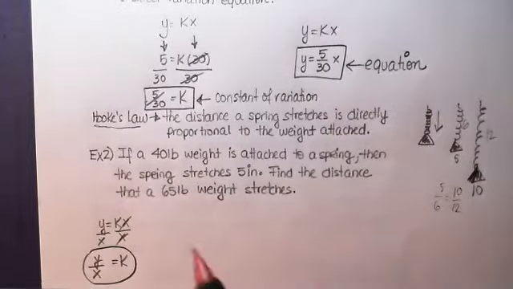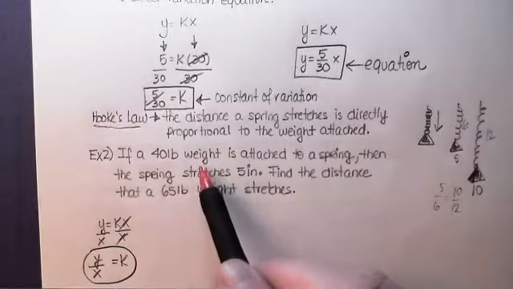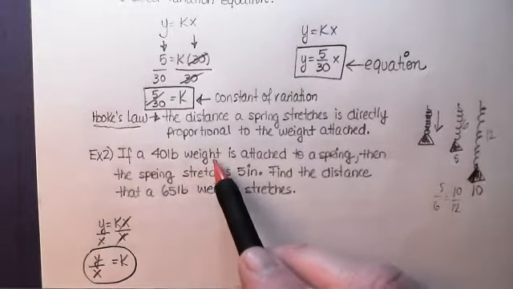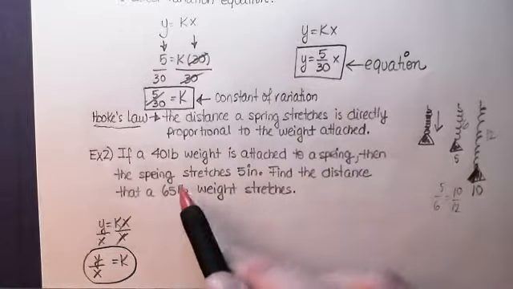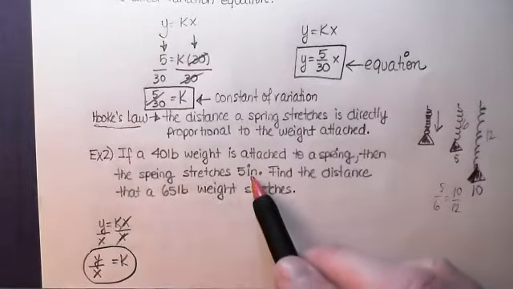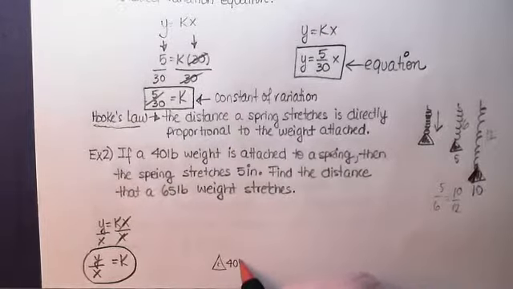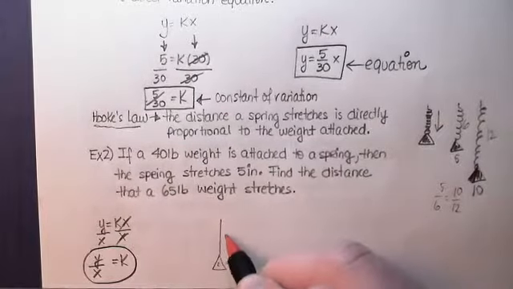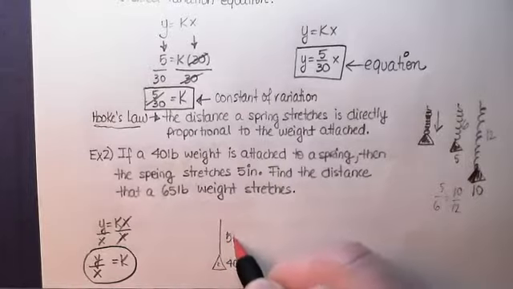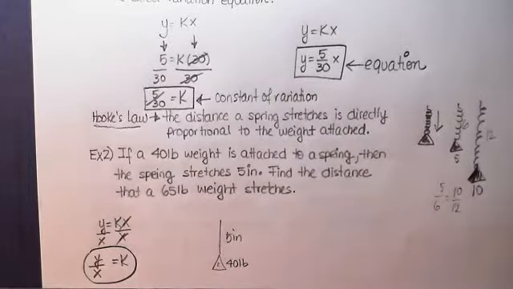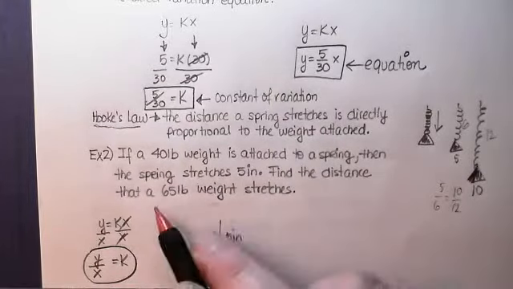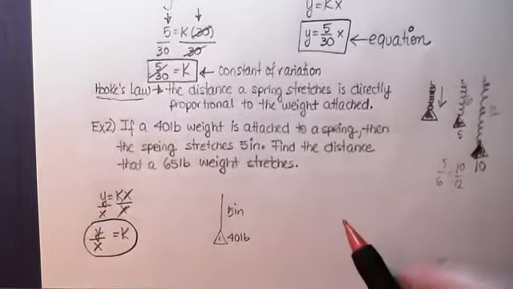So basically, here I have a situation. If a 40-pound weight is attached to a spring, then the spring stretches 5 inches. So if I have 40 pounds, the stretching is going to be 5 inches, right? And the question is, find the distance that a 65-pound weight stretches.